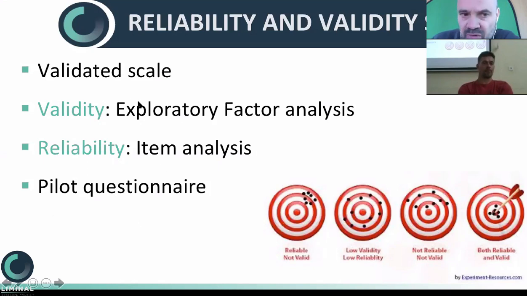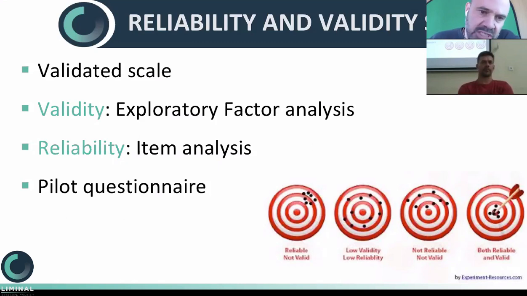But the proof of validity is the factor loadings we talked about. That's the proof. You need that. The factor loadings I showed you, that's the proof of validity. Does it answer your question? Yes. And then for reliability, the proof of reliability is the Cronbach alpha, it must be above 0.6 to be acceptable and above 0.8 to be good.